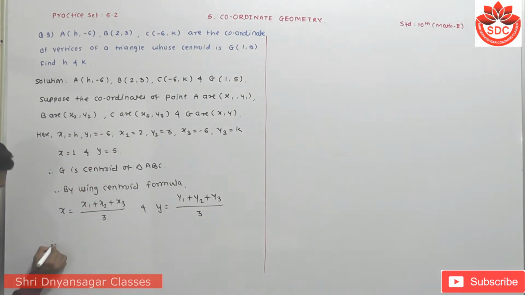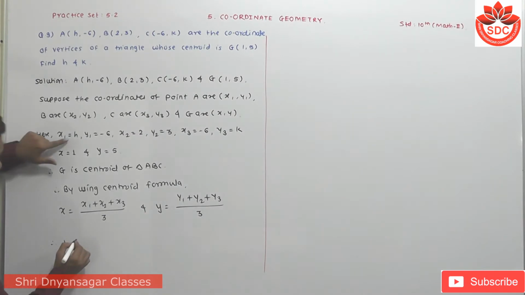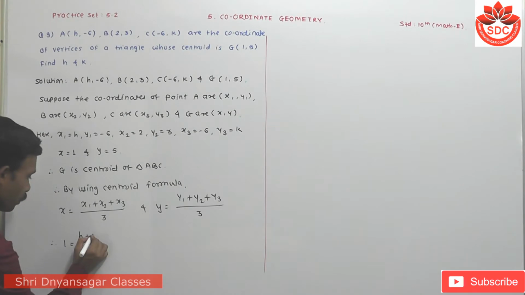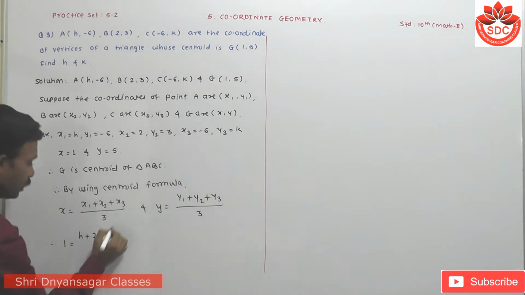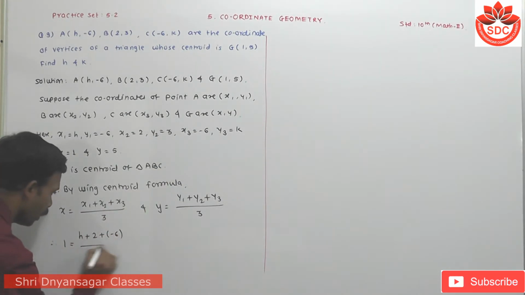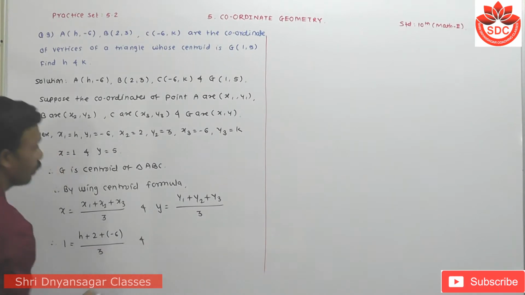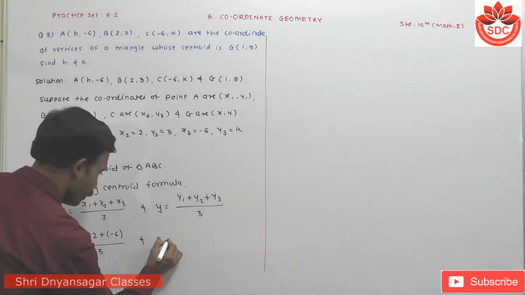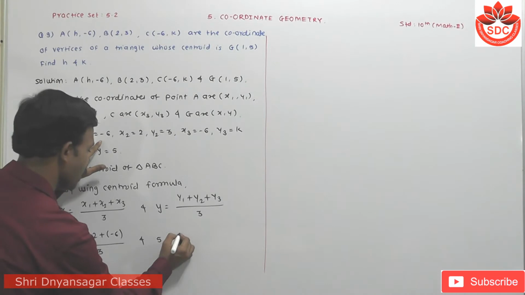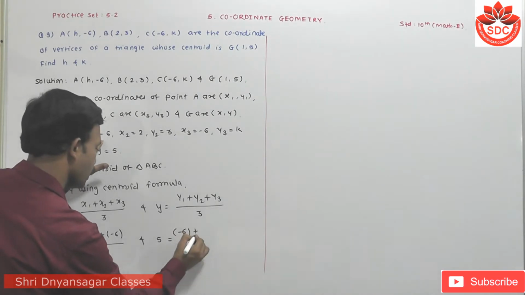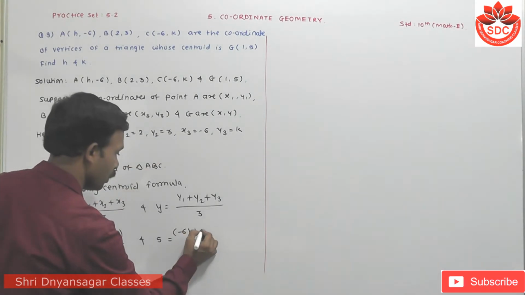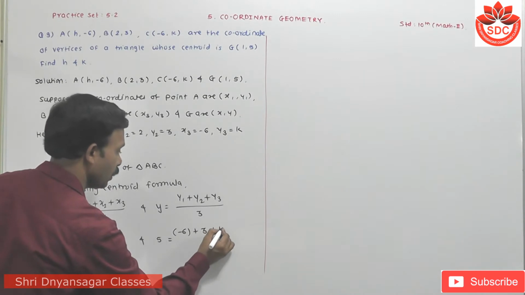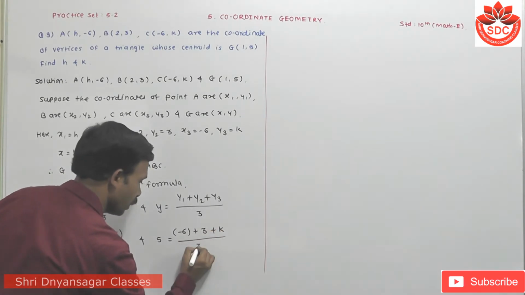Substitute these values: 1 is equal to (h + 2 - 6) upon 3, and 5 is equal to (-6 + 3 + k) upon 3.